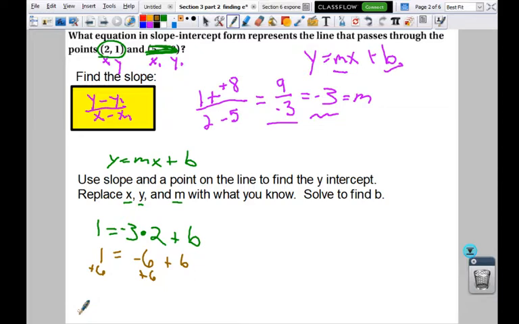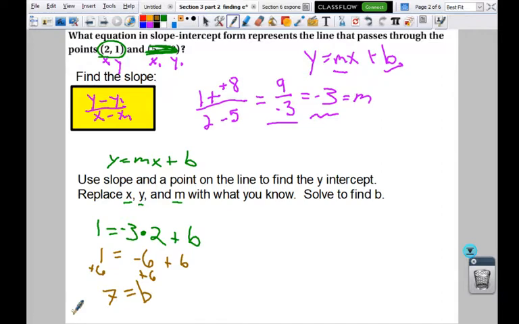I think of words. I like the hand motions, but they cancel out. They are gone. They're opposites, which is what I want. So all I have left on the right side is just b, which is good, that's what I want. And on the left side, I have 1 plus 6 is 7. I found out 7 equals b.